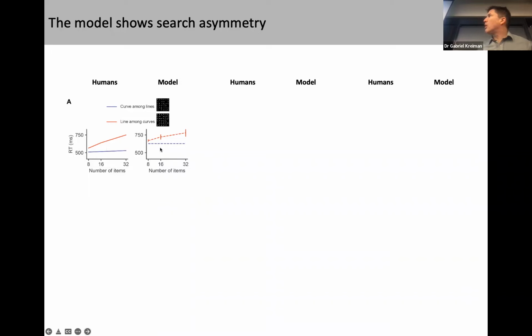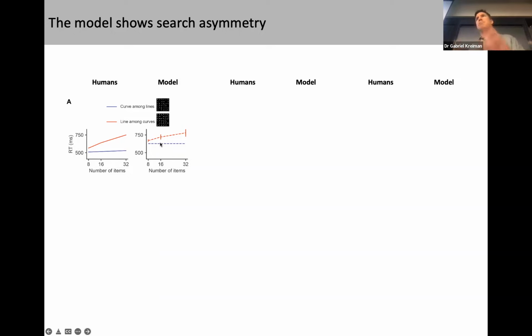And the model, again, captures this asymmetry. So for the model, it's also easier to search for curves among lines compared to lines among curves here. You can see that quantitatively, again, the model does not match human level performance.